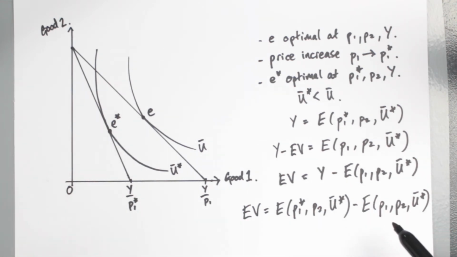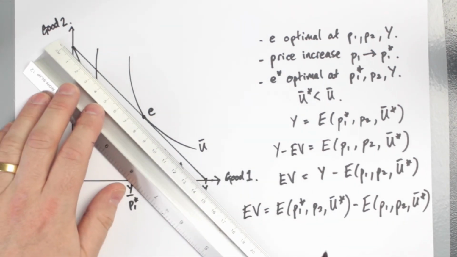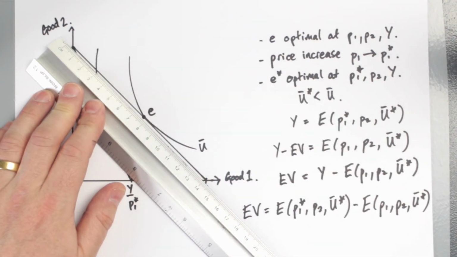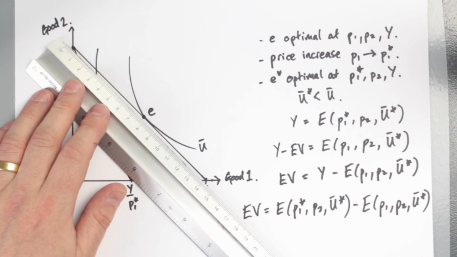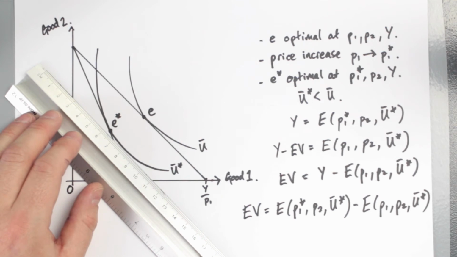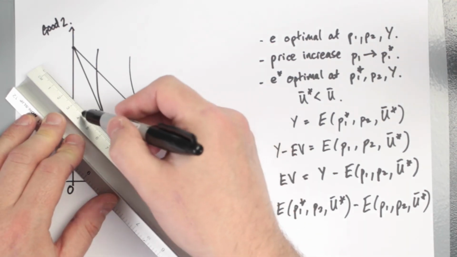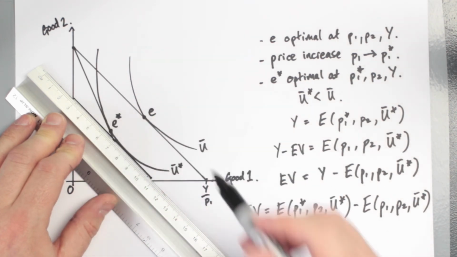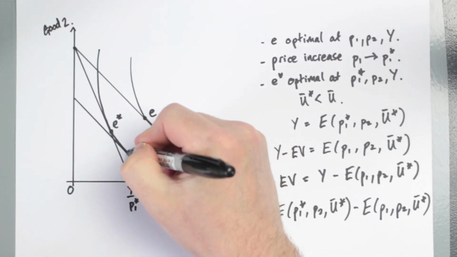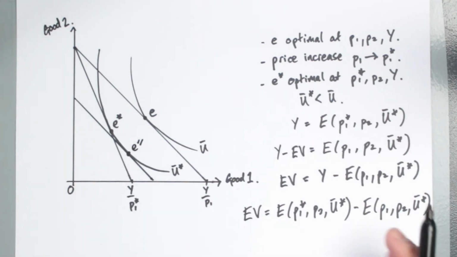How do we represent this on the diagram? Well, essentially we're trying to find at the original price level, so this original price, this is the slope of the budget line, minus P1 over P2. So we're trying to minimize the expenditure required to just be on that new indifference curve, that lower indifference curve. So if I draw a tangency like this and label a point here E double prime, okay.